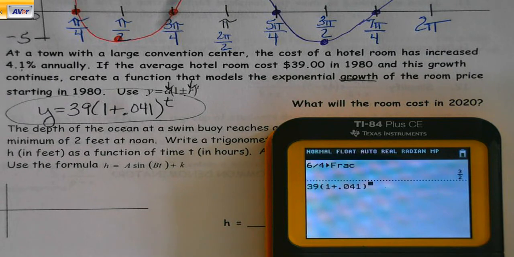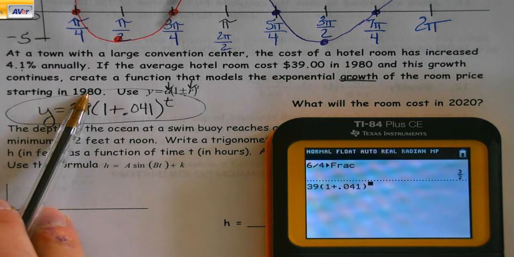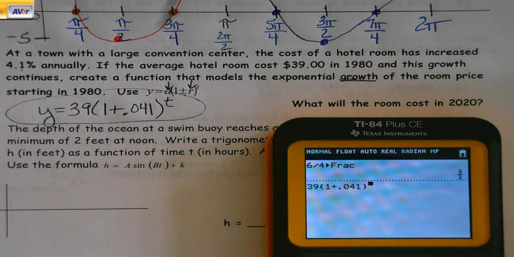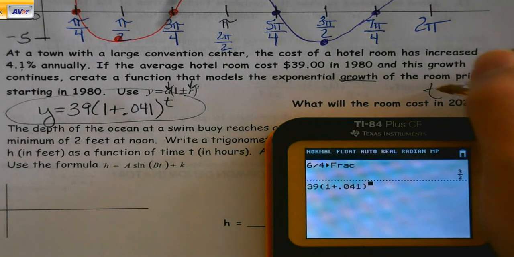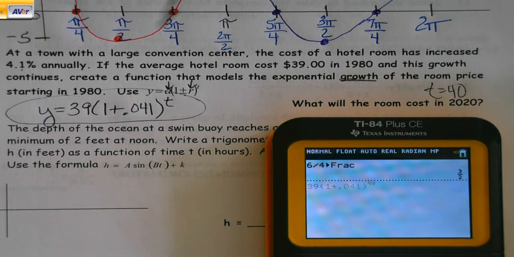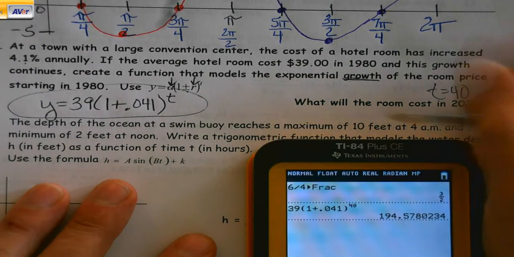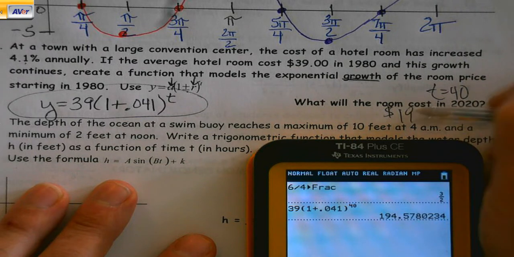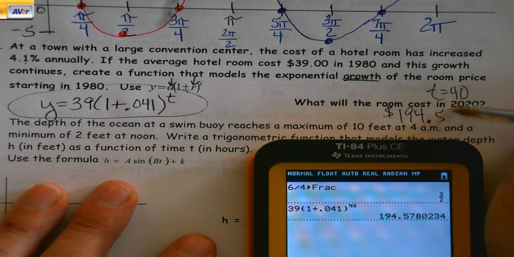It must not be if he's asking. If we started in 1980, and it's now 2020, how many years later is that? 40. So my t-value is going to be 40. And that is now one pricey room. 194.58.